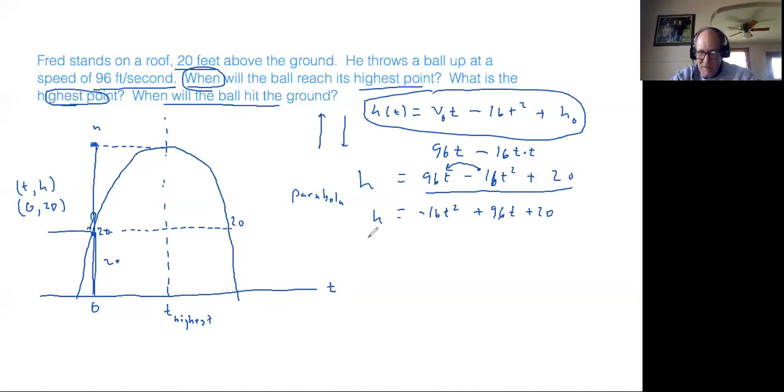So if I know that straight across from that is another 20, I'll replace height with 20, and I get 20 equals negative 16t squared plus 96t plus 20. Can I solve that? What can be subtracted out right away? The 20s. I subtract 20 from both sides, and that gives me 0 equals negative 16t squared plus 96t.